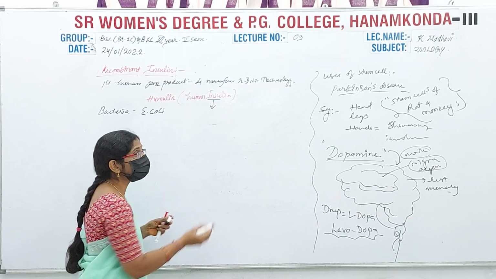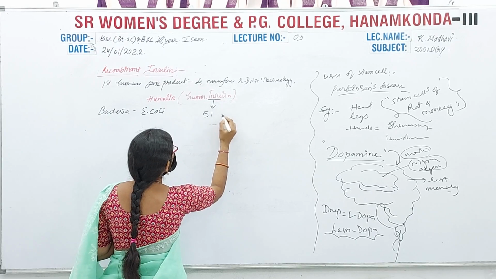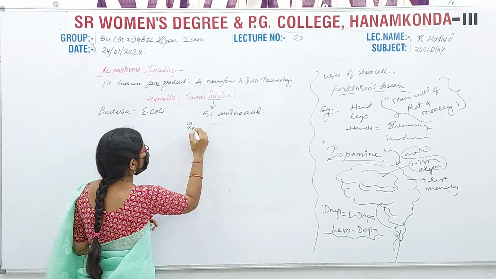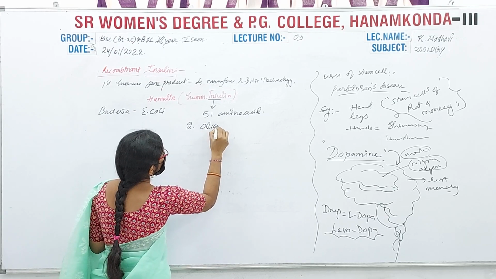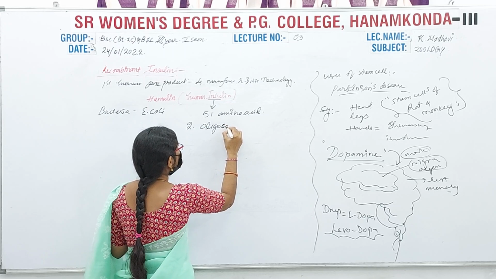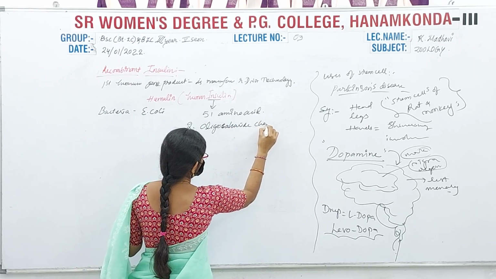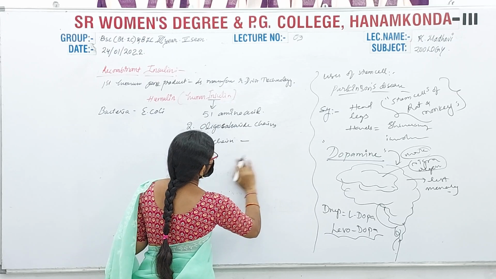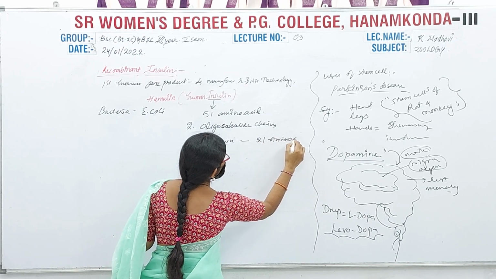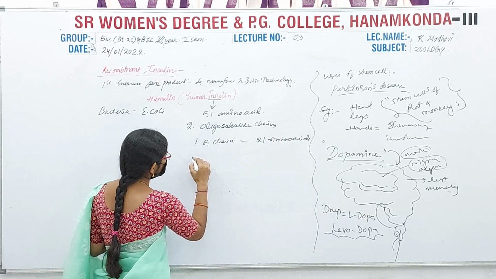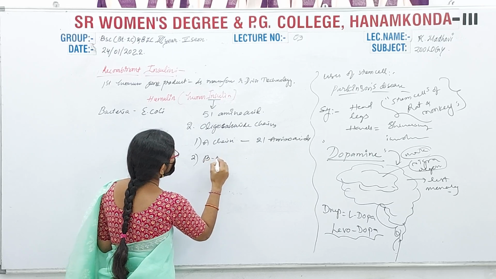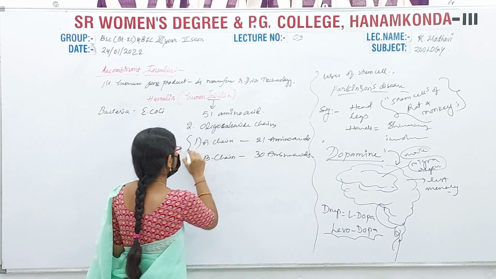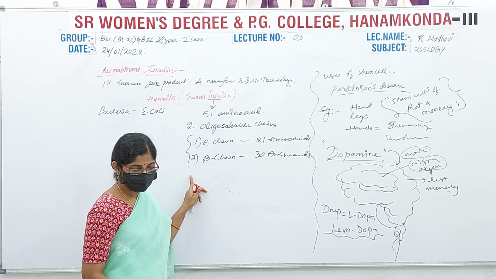Insulin is a protein made up of 51 amino acids, containing two chains. The A chain consists of 21 amino acids, and the second chain, the B chain, consists of 30 amino acids. Let us keep this in our mind.